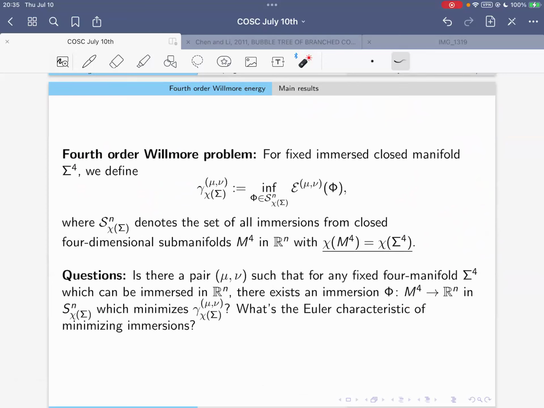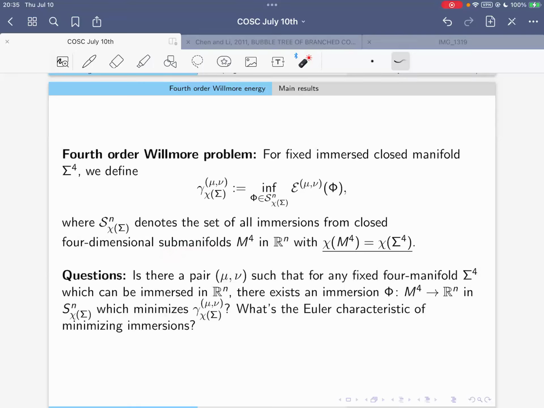So for this reason, we formulate this problem in the following way. Again, we consider a suitable Willmore energy, but right now, we do not consider all of the immersions from closed 4-dimensional submanifolds with fixed topology.